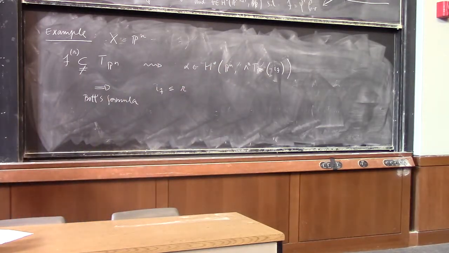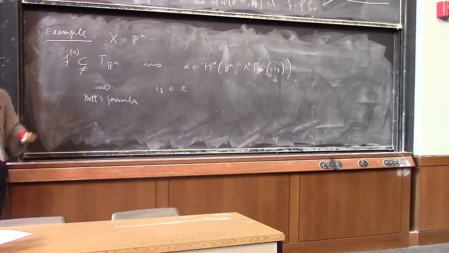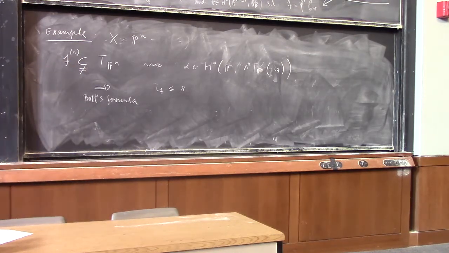So the superscript r right there, this is the rank. Ah, that's right. Is the conjecture known for smooth Fano threefolds? For Fano threefolds, it's okay. Yes, you can check in the list one by one.